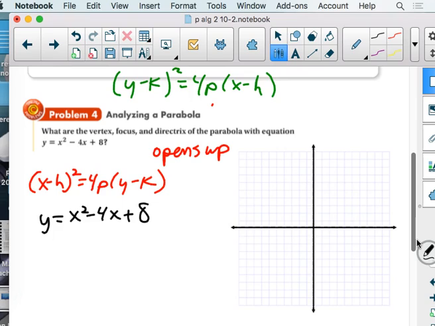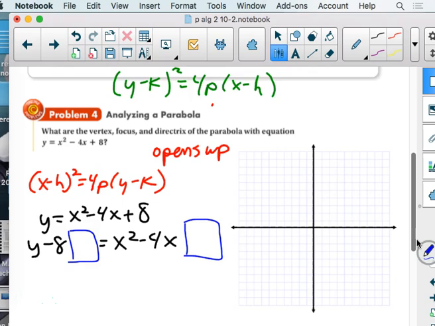I'm going to move it over to the other side. And I am going to complete the square so that I have a number that does work nice. Because what it's going to do is it's going to give me a perfect square trinomial that I can factor as a binomial square. But to do that, we have to remember that itsy bitsy little formula.